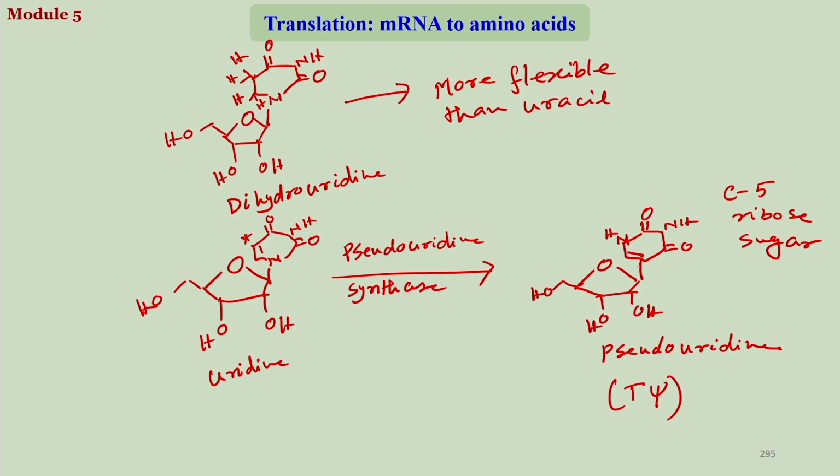So, what is the advantage? Of course, one advantage is that it changes the base pairing property now. Second is, you have formed a carbon-carbon bond. They have more rotational freedom.